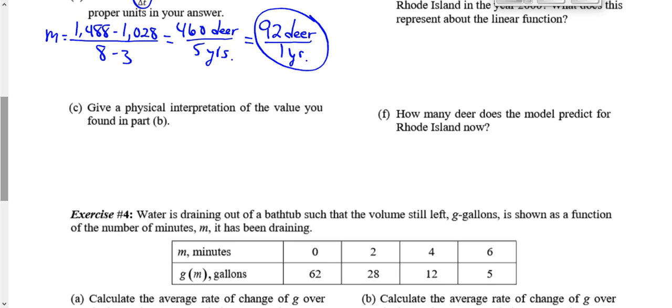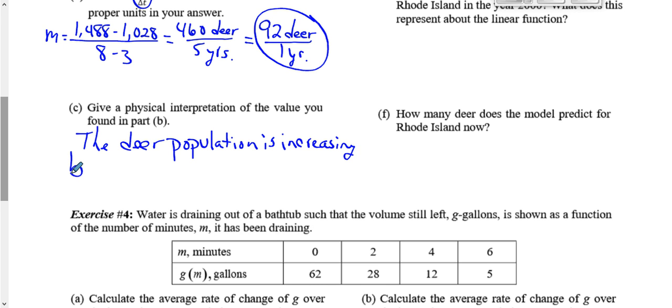Just for spite, I'm going to write the deer population is increasing by 92 deer per year. It rhymes.